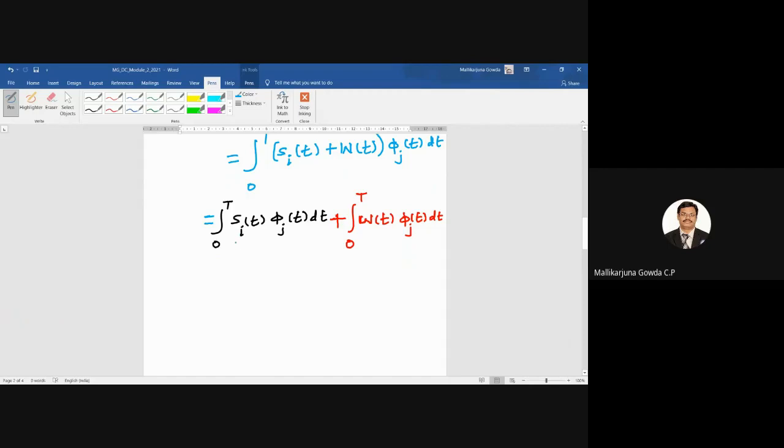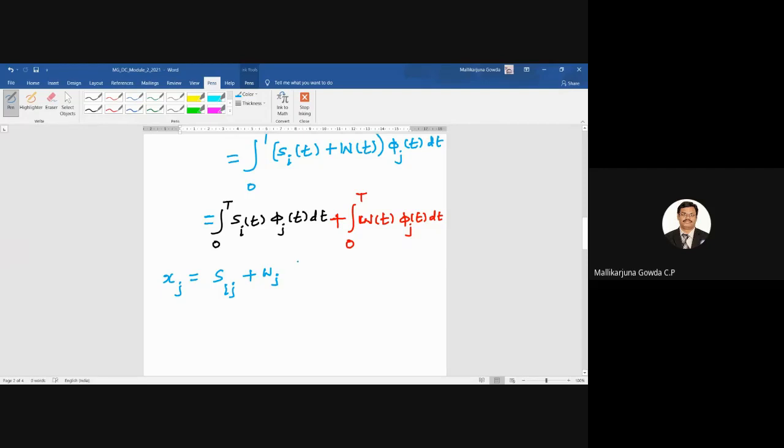So what is this one, integral 0 to t Si of t phi j of t into dt? Yes, Sij. Very good. So the first term can be written as Sij, that is your coefficient. Plus, in the same way, the integral 0 to t W of t phi j of t into dt as Wj, another coefficient for noise.